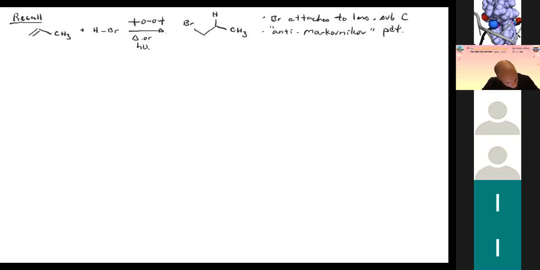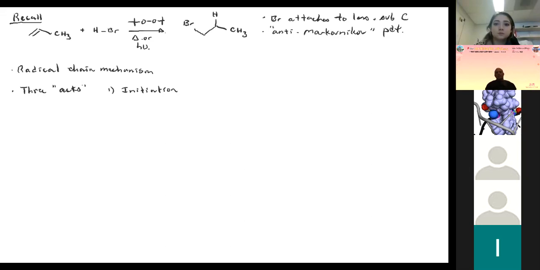And so the first step is always initiation. The initiation steps are characterized by the formation of radicals from your initiator and starting materials.